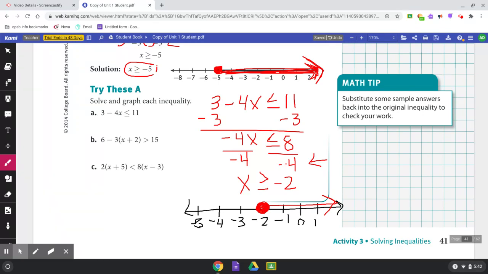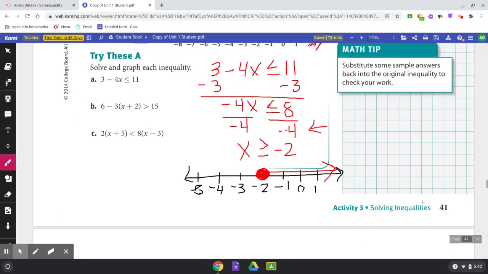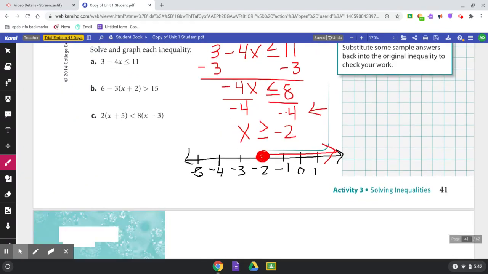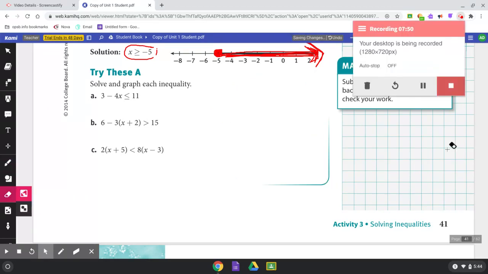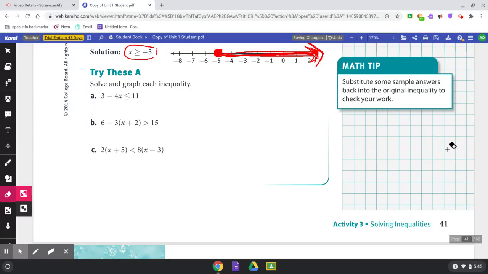Okay, now my next inequality is 6 minus 3 times x plus 2 is greater than 15. You can pause the video to write these notes because I'm about to erase that so that I can write the next inequality. Okay, our next inequality here is part B. I'm going to try to save room so I don't have to erase this time.